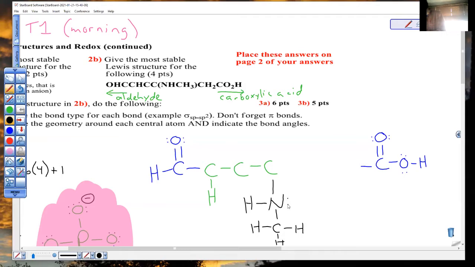I was looking at my previous videos and I won't be doing those light pink lone pairs anymore. They didn't show up very well. So there we go. And back to the green skeleton. We've got the blue aldehyde carbon, the green C with 1 H, the green C with no H's, the green C with the nitrogen. Well, what is after the nitrogen?